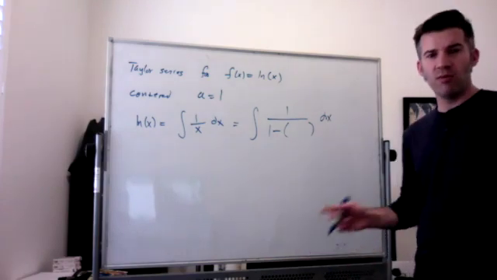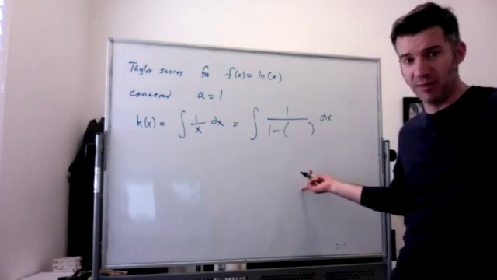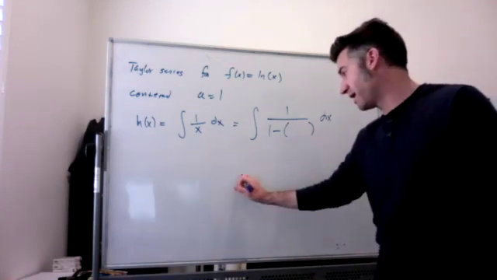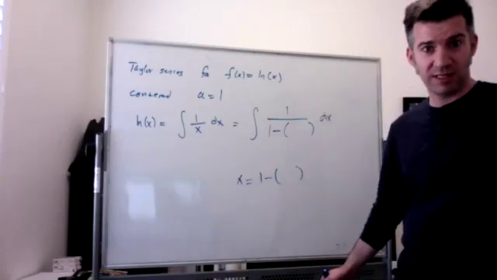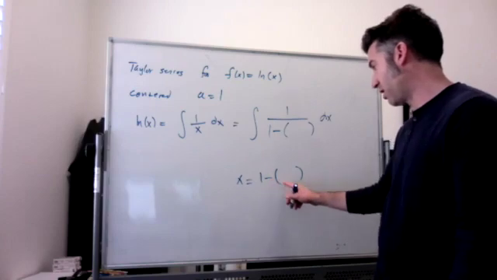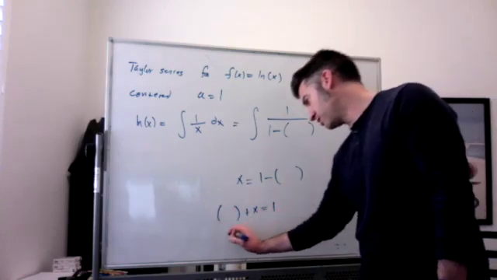-1 is almost part of it. So really, I'm just asking this question. I'm just phrasing it in the dumbest way possible. I need x to equal 1 minus the parentheses. So I could solve for the parentheses, right? I could be like, okay, add the parentheses and subtract x.